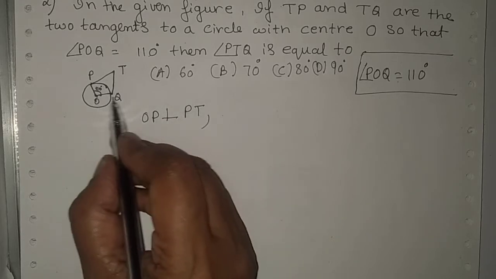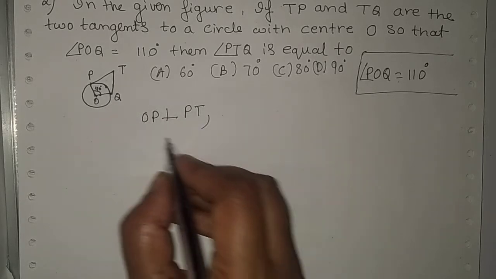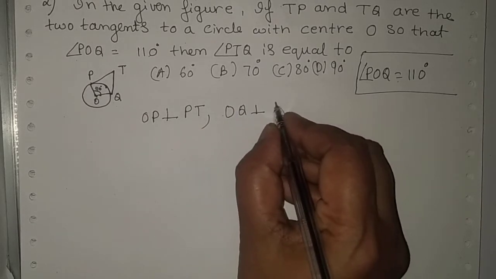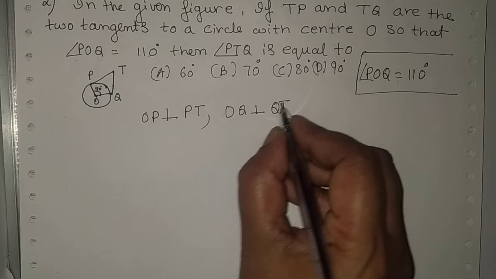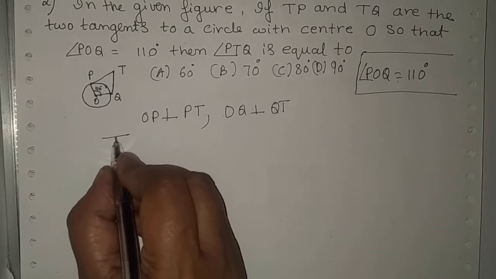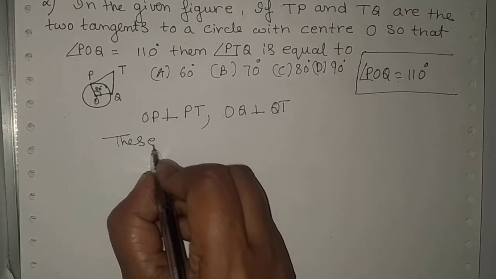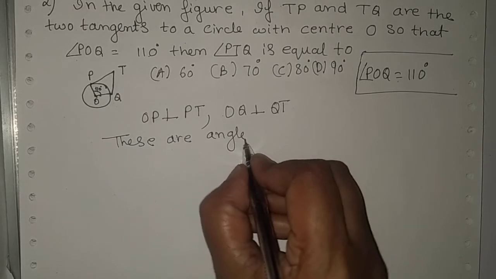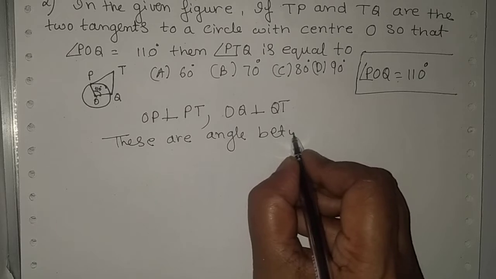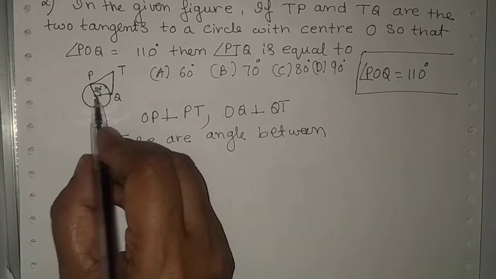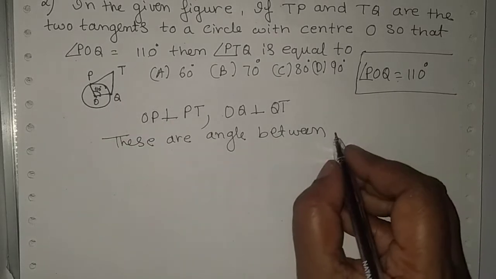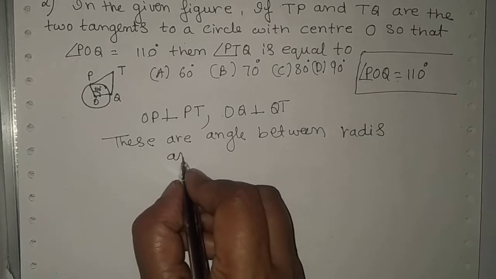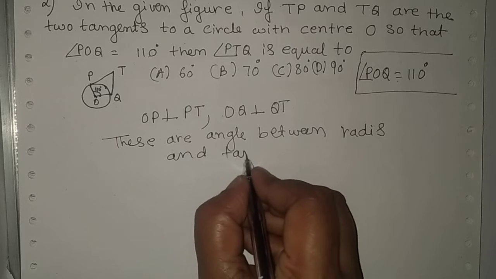Next step, OQ is perpendicular to QT. These are the angles between radius and tangent.